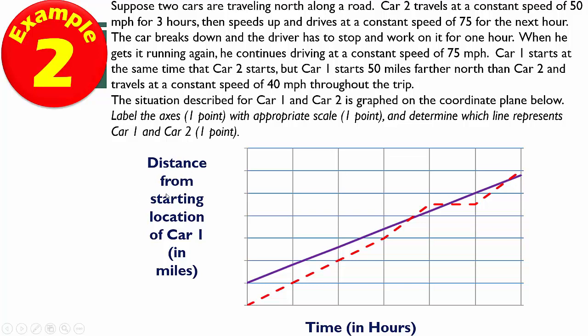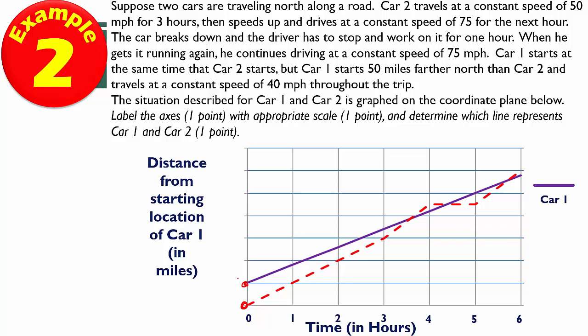Car 1 started right there. Car 2, it said, started 50 miles further, so that's going to be a little Q right there. So your time is 0, 1 hour, 2 hours, 3, going up by 1 hour at a time.